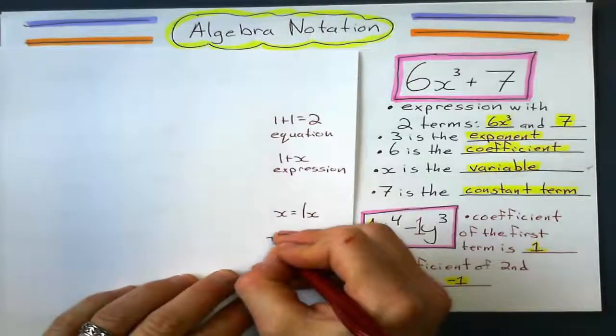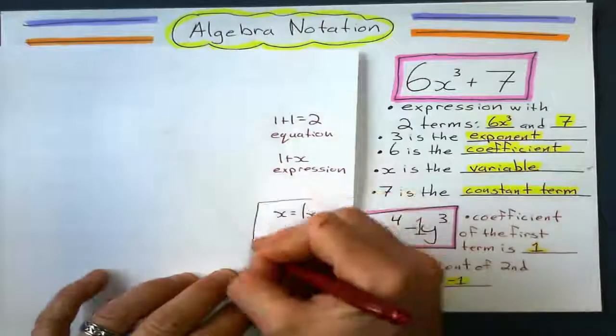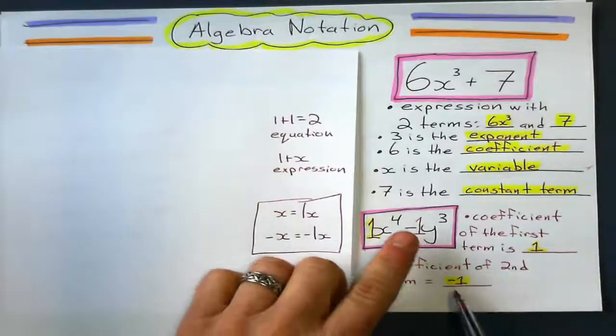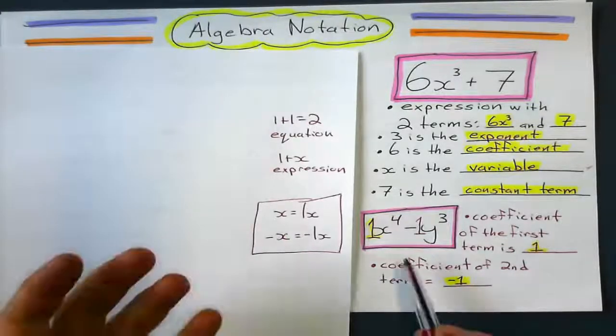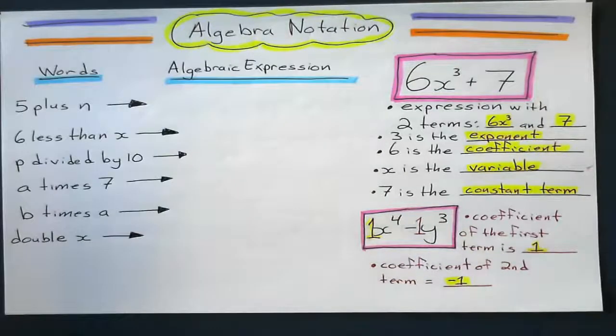And likewise, if I have a negative variable like this, that's the same as saying negative 1x. Alright, so that does not mean that x equals 1 and y equals negative 1. That doesn't mean that. It just means there's an invisible coefficient in front of there every single time. So if I said, what's the coefficient of that term there? It's going to be 1. Coefficient there is going to be negative 1.